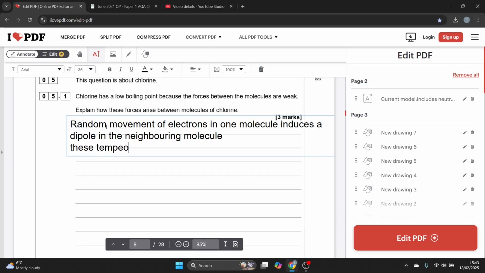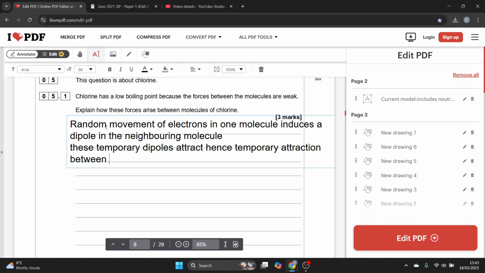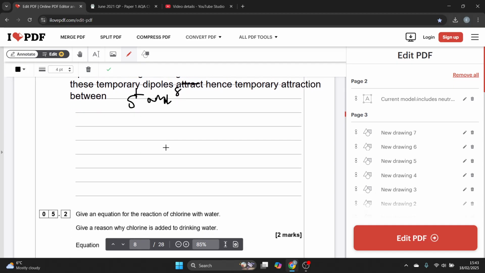These temporary dipoles attract, hence temporary attraction between partially positive and partially negative.